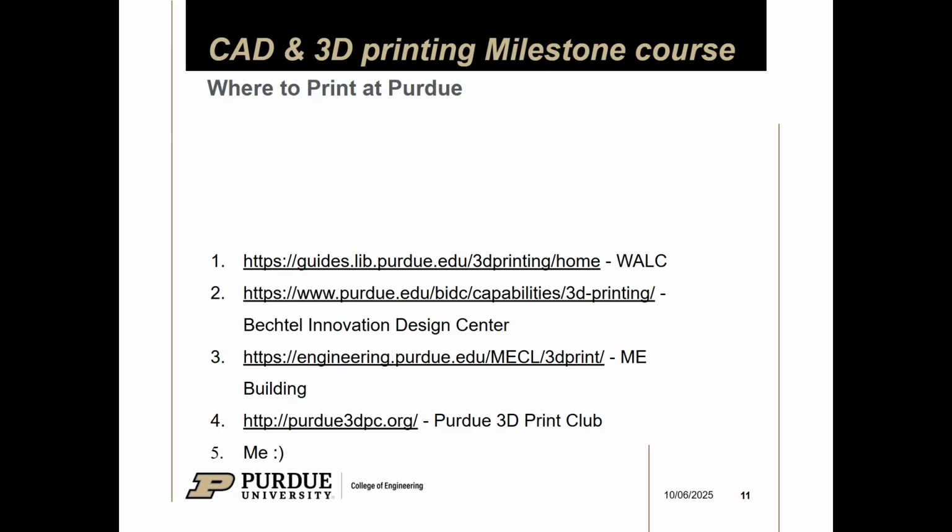If you're curious, there are fabrication services at Purdue. I forget all the names, but some of them do. There's a 3D printing club on campus. I think Bechtel has it, though I forget if it's still open to everyone. But there's a bunch of services. Also, if you know someone with a 3D printer, they're usually more than happy to print stuff for you, including me.